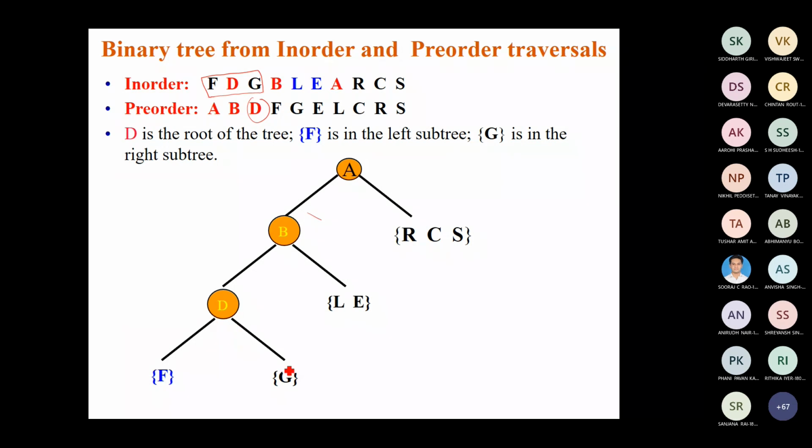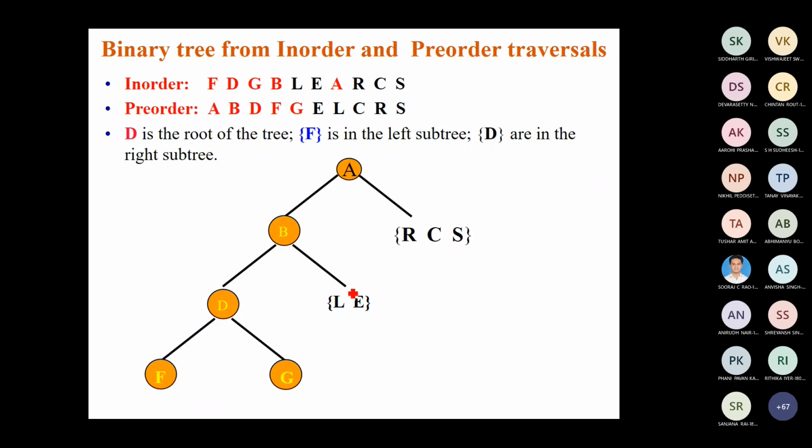G is going to become the right node and F is going to become the left node here. Create the nodes, and add F and G as the left and right child of D respectively. So we have completed the left subtree.